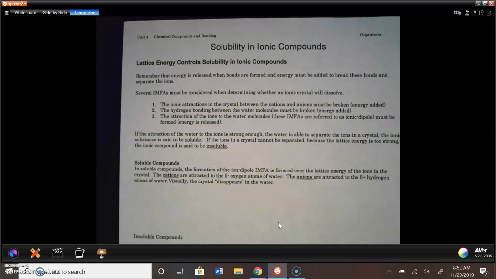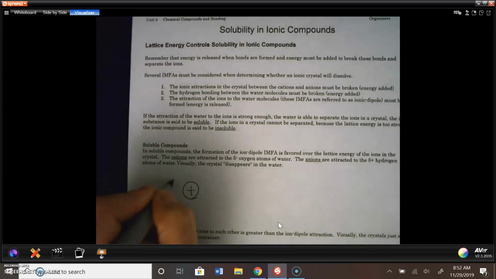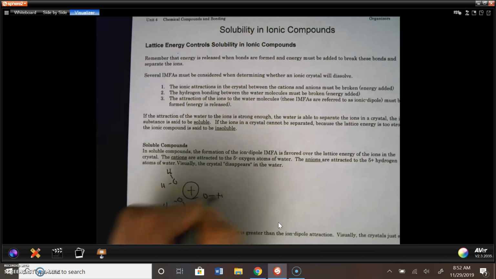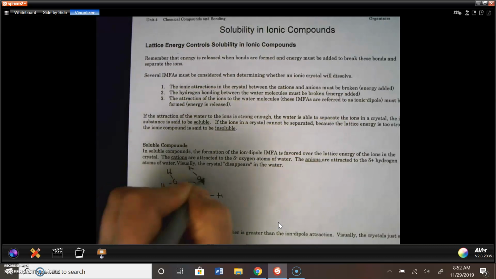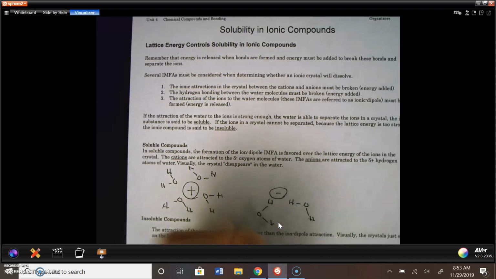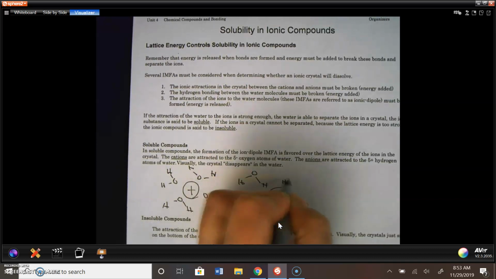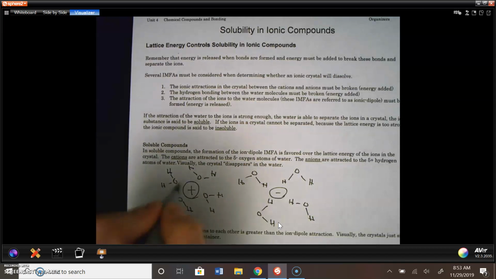And so what you're going to see visually is the cation surrounded by the oxygen part of water. Okay, and then the anion will be surrounded by the hydrogen part because oxygen is more electronegative, so oxygen will have that partial negative, right?